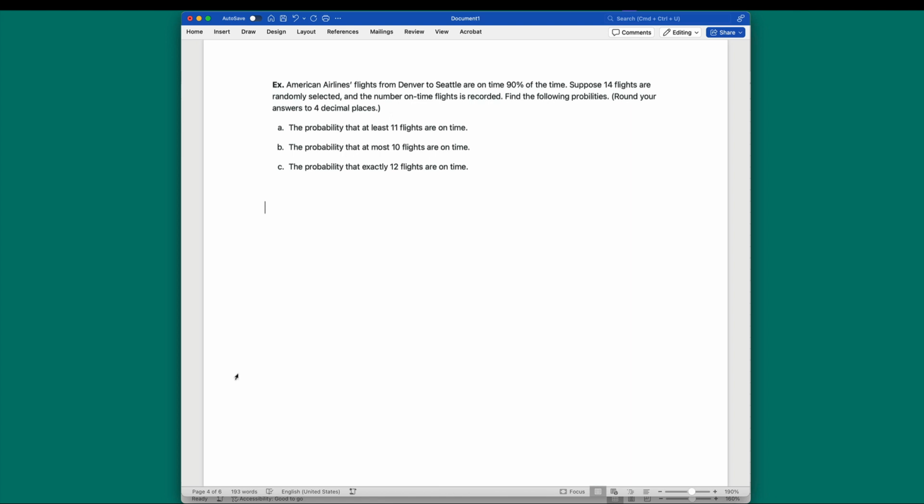So before we answer our questions here, let's first identify the random variable. X is the random variable here, and essentially it's the number of flights that are on time.